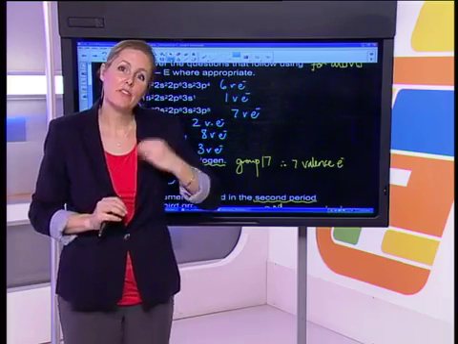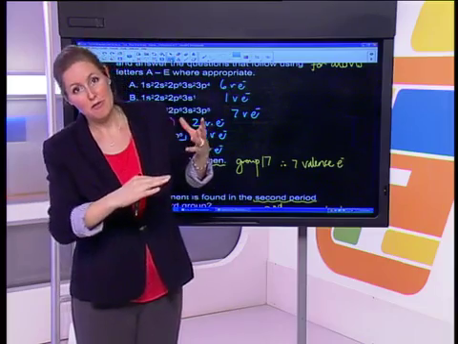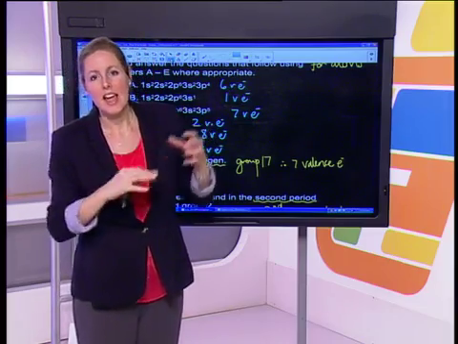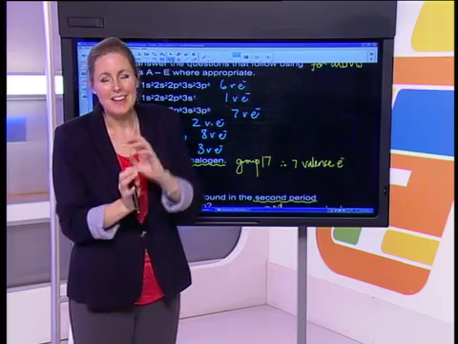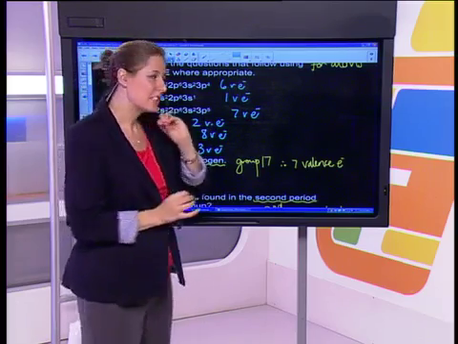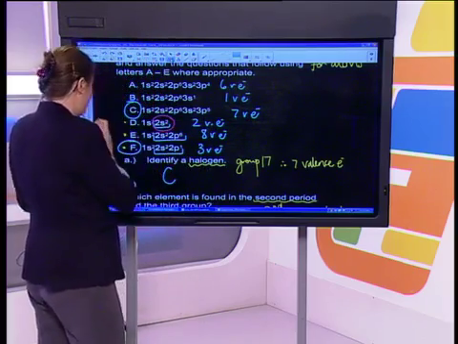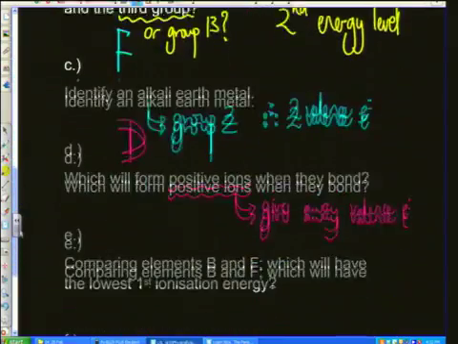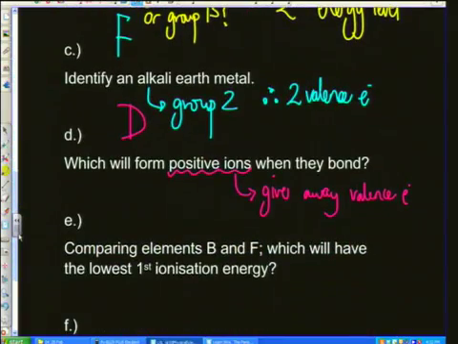Instead, if they give away, then they can revert down to the lower energy level, and then that is filled. Okay, so it's going to be stable. It's critical to note here, the ones that are going to form positive ions must give away valence electrons, and those would be metals, okay, that would be willing to give away. They will have very few valence electrons themselves.